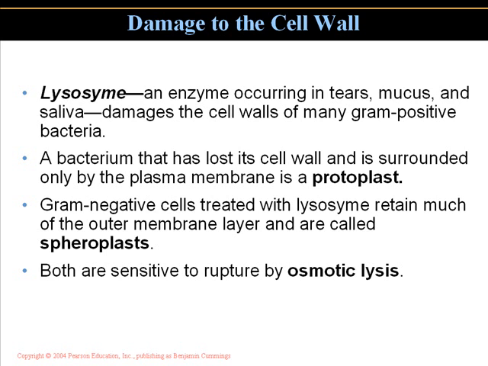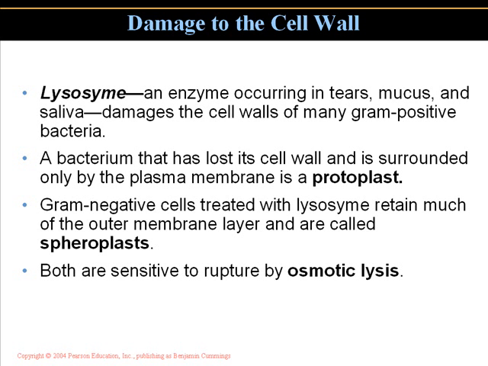We talked about lysosomes being a very strong digestive enzyme inside of vacuoles created inside the cell to help destroy or damage foreign bodies or substances that enter into the cell. So lysozyme, as an enzyme, can occur in tears, mucus, and saliva, and it damages the cell walls of many gram-positive bacteria. A bacterium that has lost its cell wall is surrounded only by the plasma membrane and is called a protoplast.